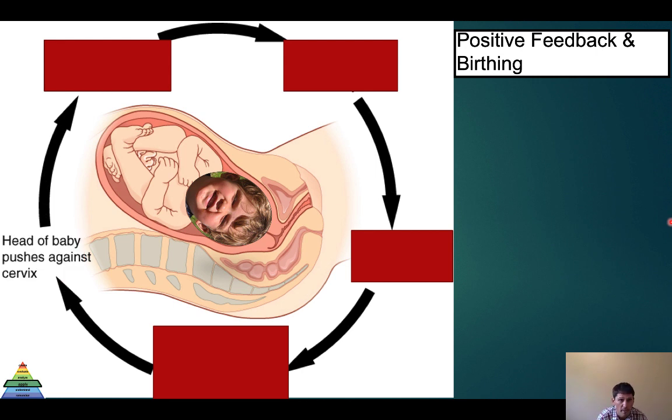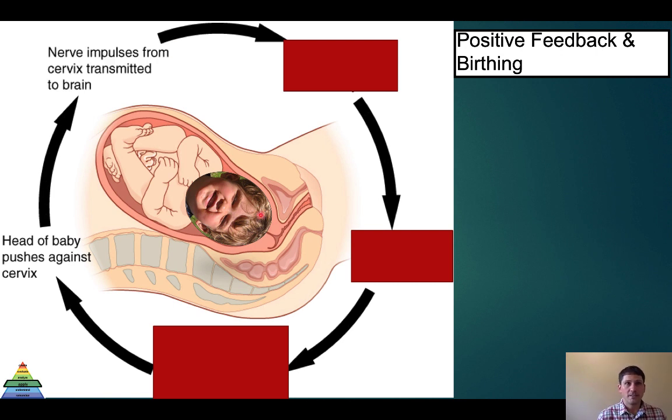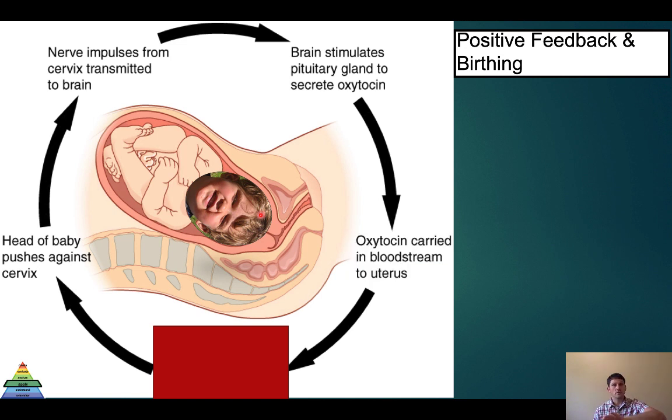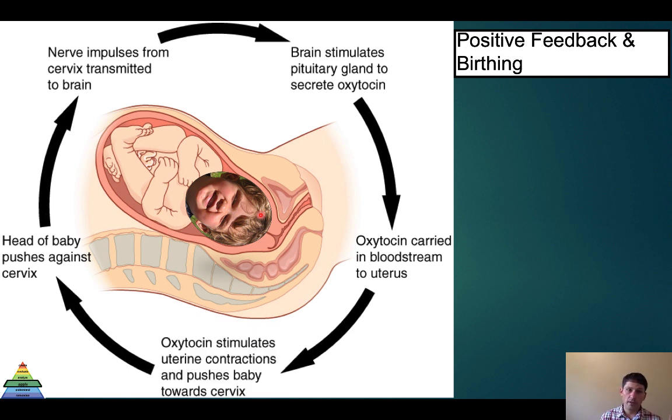So the head of the baby pushes against the cervix right in here. As we have that head pushing against the cervix, we get nerve impulses that are sent up to the brain. Those nerve impulses then are translated into something meaningful, and the brain then says, whoa, there's something pushing on the cervix. Let me release some oxytocin. That oxytocin is transported through the circulatory system into the uterus, where it then stimulates uterine contractions.